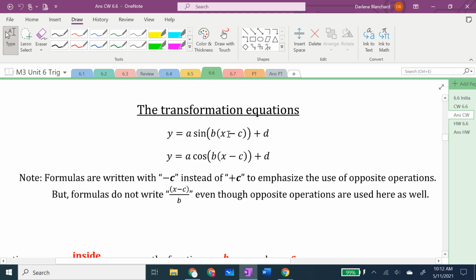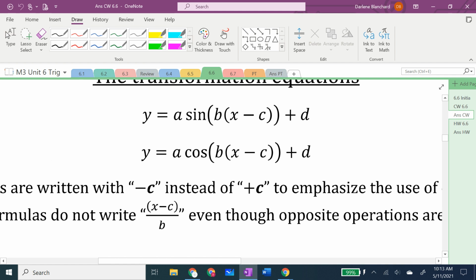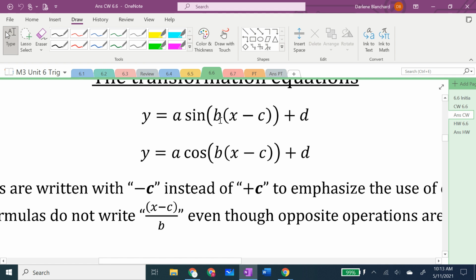Now, traditionally, they write x minus c and then plus d to emphasize doing the opposite sign when it comes to x. And you've seen that before, right? Okay, I'll just assume yes. Here's the thing. They don't write x minus c divided by b, even though when you see a multiplication by b, you're going to have to actually divide by it.